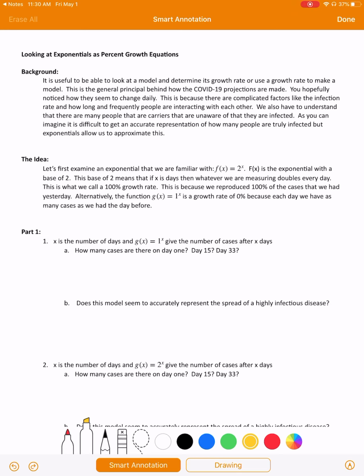And instead, I decided to stop and focus on exponentials and look at a specific use for them in talking about growth rate, because I think that's something that a lot of us can relate to. And looking at growth rate, especially now, this first example with COVID-19 deaths is hopefully something that's relevant and mildly interesting.